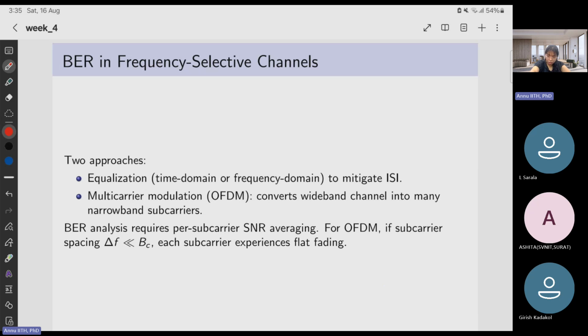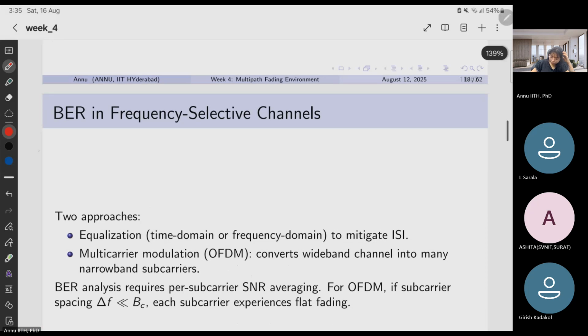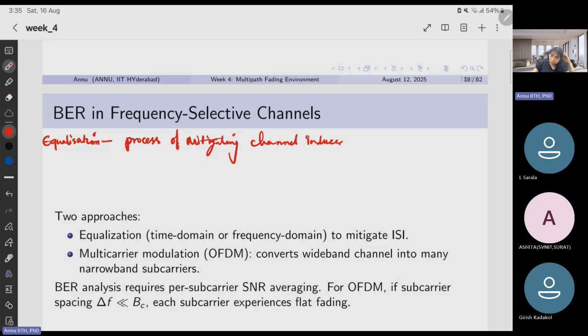Equalization in wireless communication is the process of mitigating channel induced distortions such as multipath fading, such as ISI.